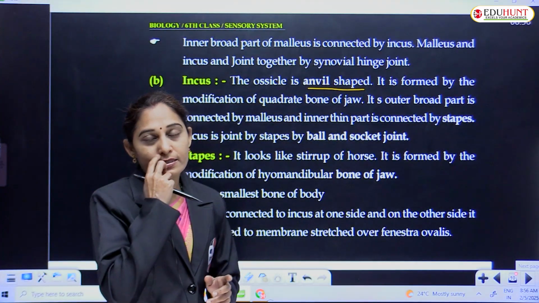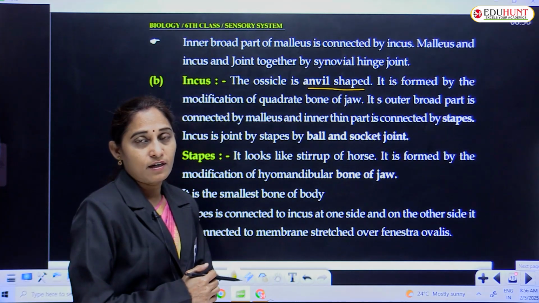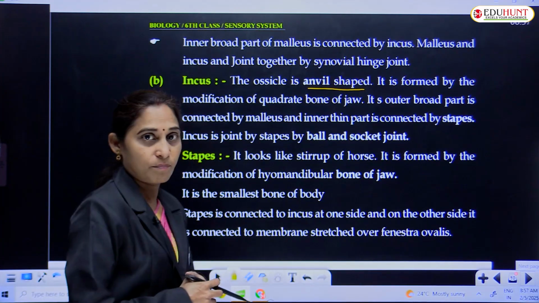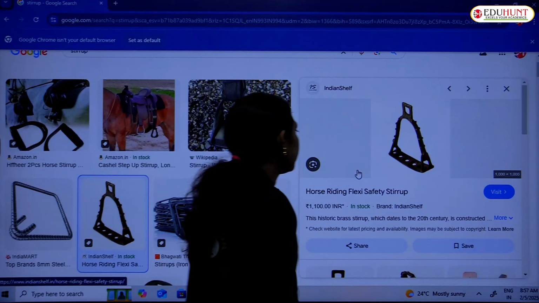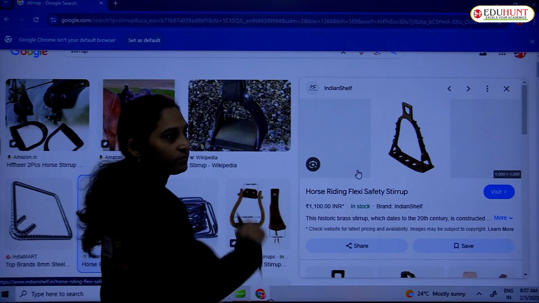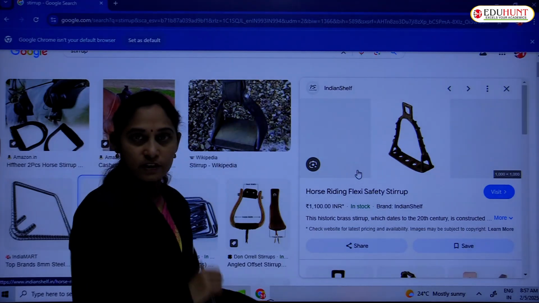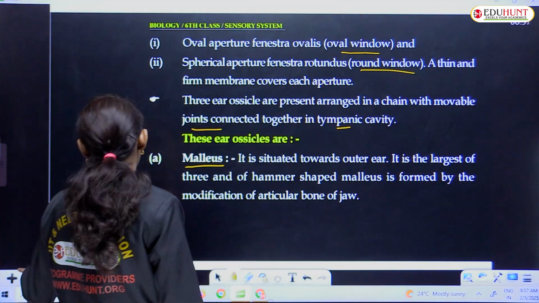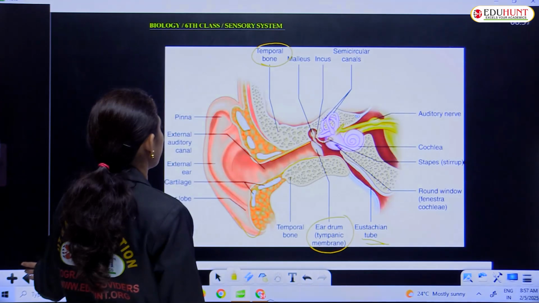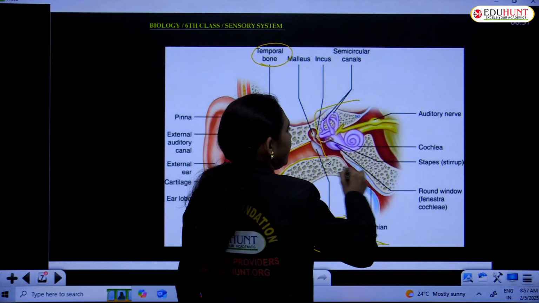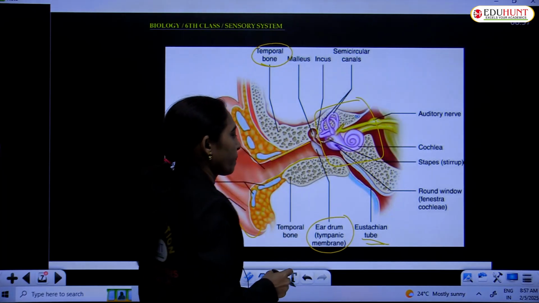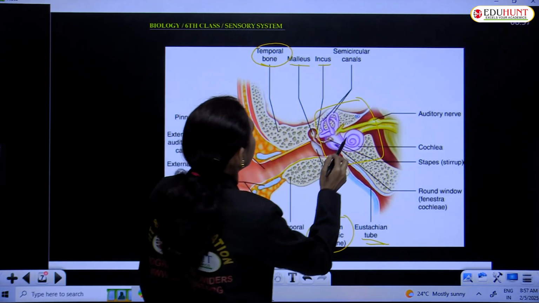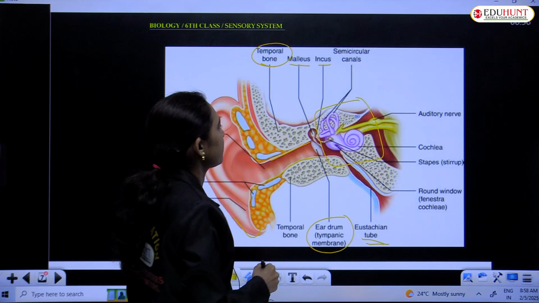Yes, incus is anvil shaped, and the first one, malleus, is the ossicle which is hammer shaped, and the third, stapes, is like the stirrup of a horse. I will show that also. This is the stirrup of a horse. The third bone, stapes, has this shape. We will enlarge this region and see later. Malleus, incus and stapes are the bones.